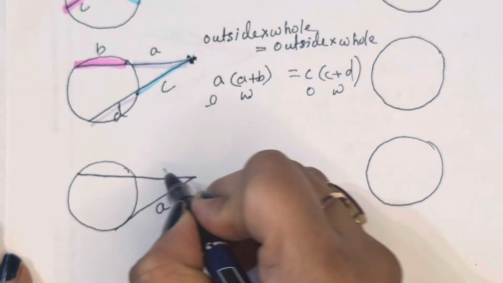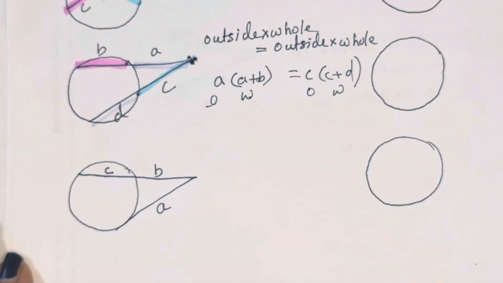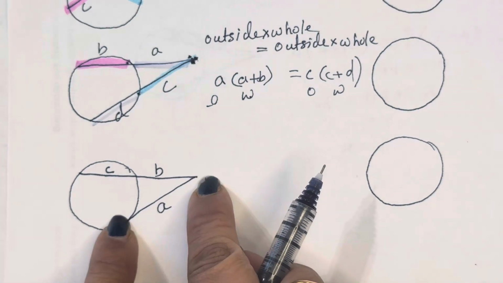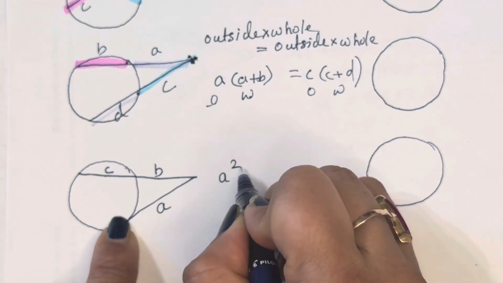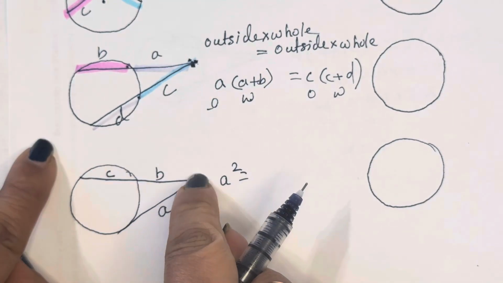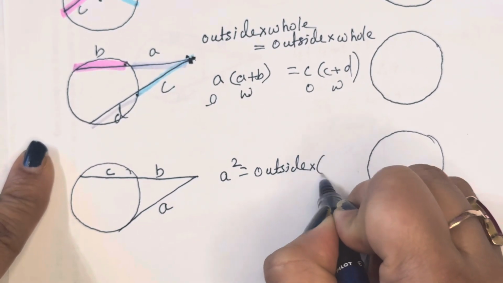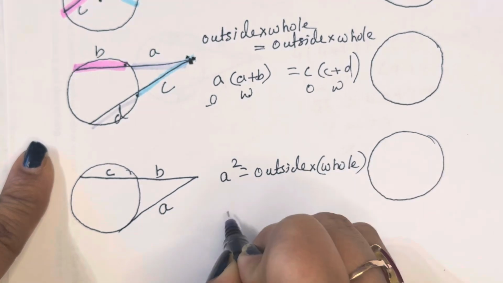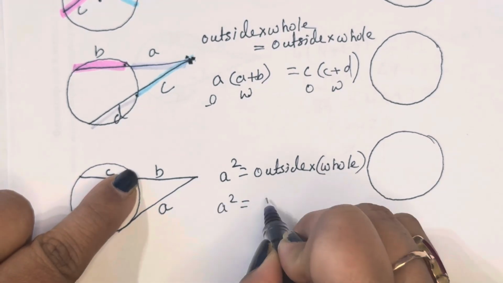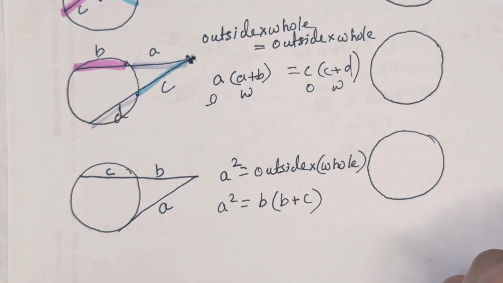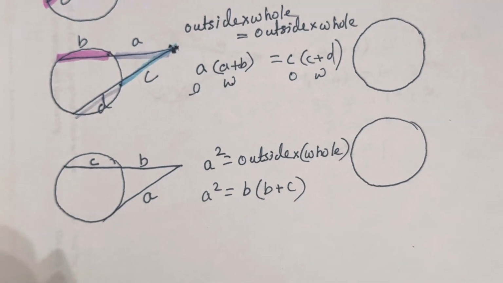Suppose this is A, this outside is B, inside is C. Then the formula is: this one squared, A square, is equal to, again the same thing, outside times whole. That means A square is equal to, what is outside? B times B plus C. Are we getting it? Let us do some example on that also.